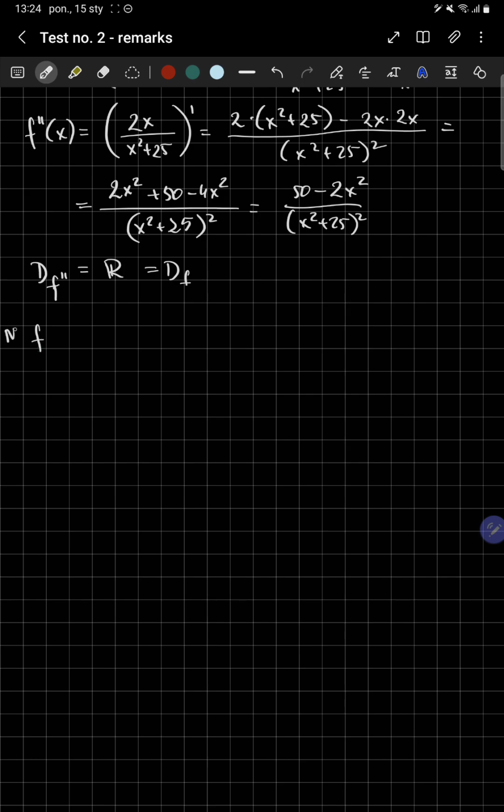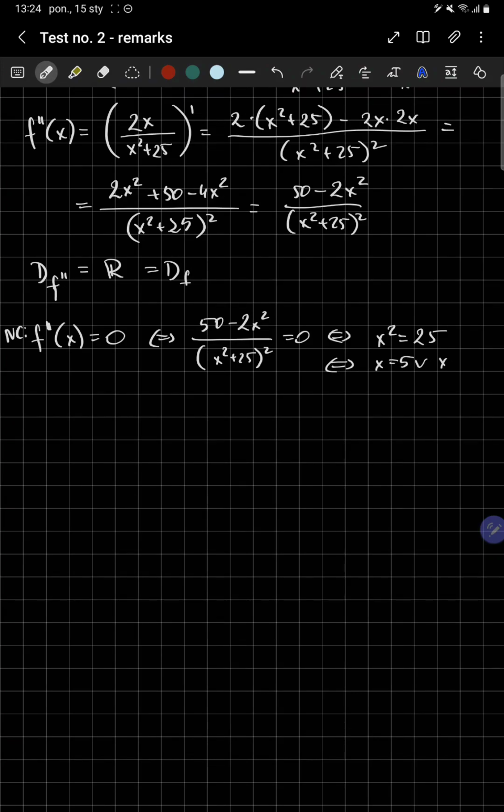Okay, so the necessary condition to identify the candidates for the inflection points: we make the second derivative equal to 0. So x squared should be equal to 25, which gives us two different solutions. And now the sufficient condition: we need to investigate the sign of the second derivative, and obviously we must be careful with the order of the factors that we have here.